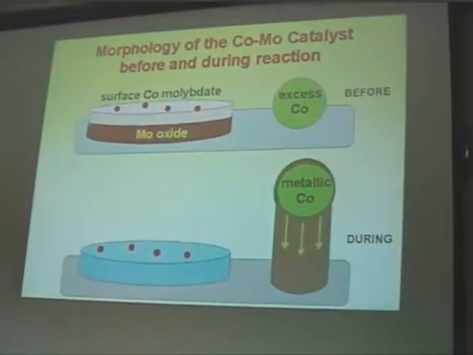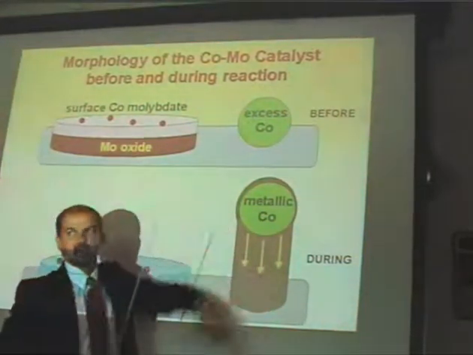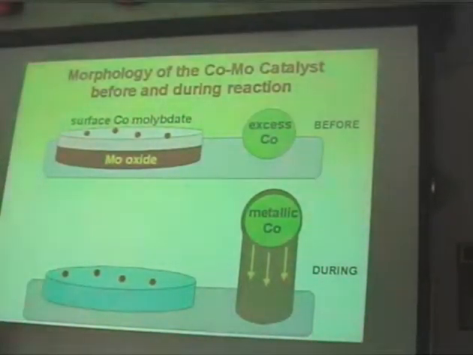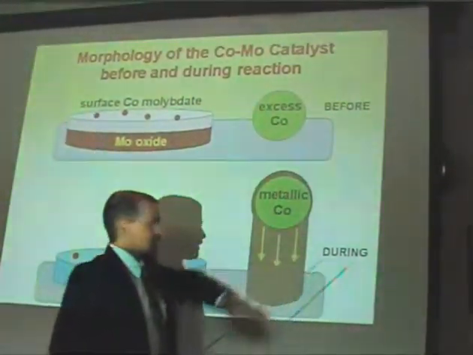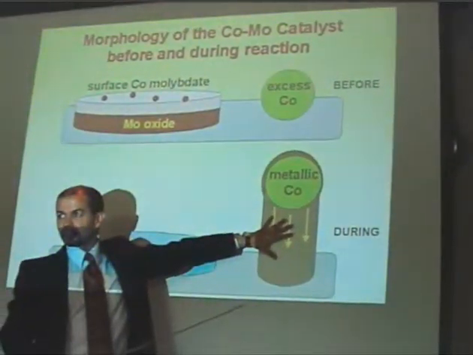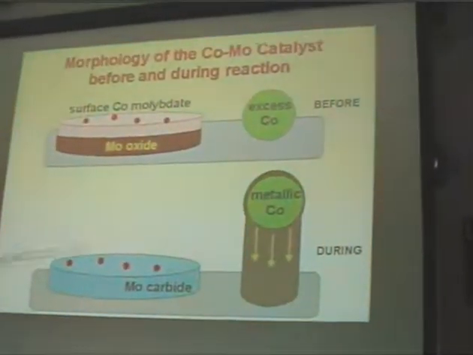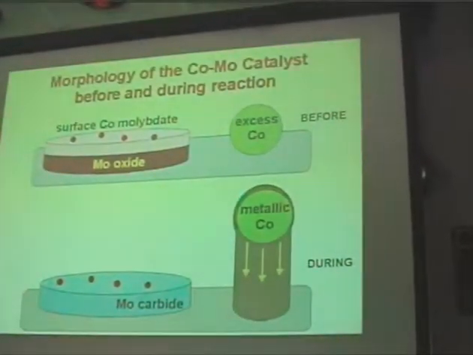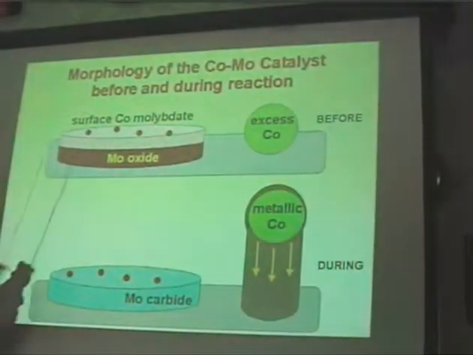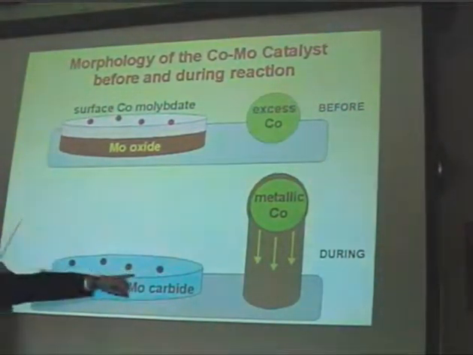What happened during reaction? Of course, this one will show the typical behavior of cobalt alone. It will form fibers, it will form multi-wall nanotubes, it will be encapsulated by graphite. That's what we're trying to avoid. But what happened here? The molybdenum oxide gets converted to molybdenum carbide. When molybdenum carbide destroys this cobalt molybdate, now CO can reduce this.